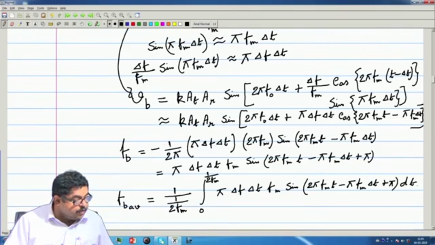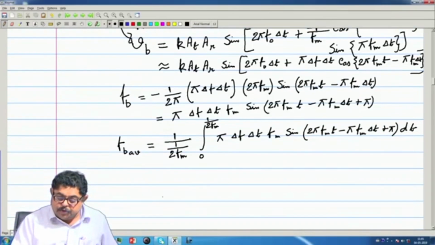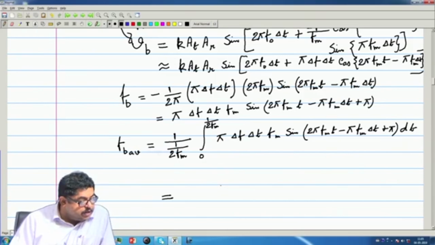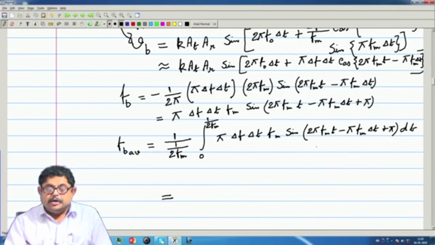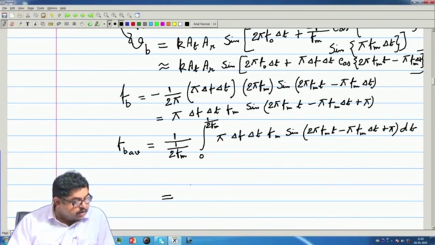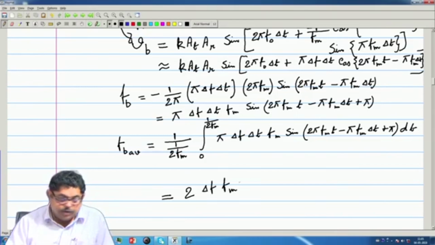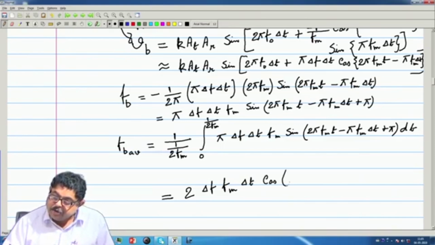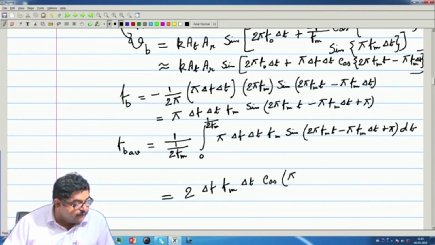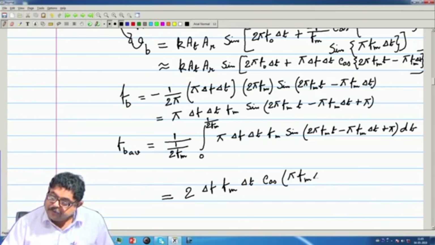So, if you do this, then you will see that the sine integration will give you a cos, then you take these two limits, and that will give you 2 Δf f_m Δt cos of π f_m Δt.